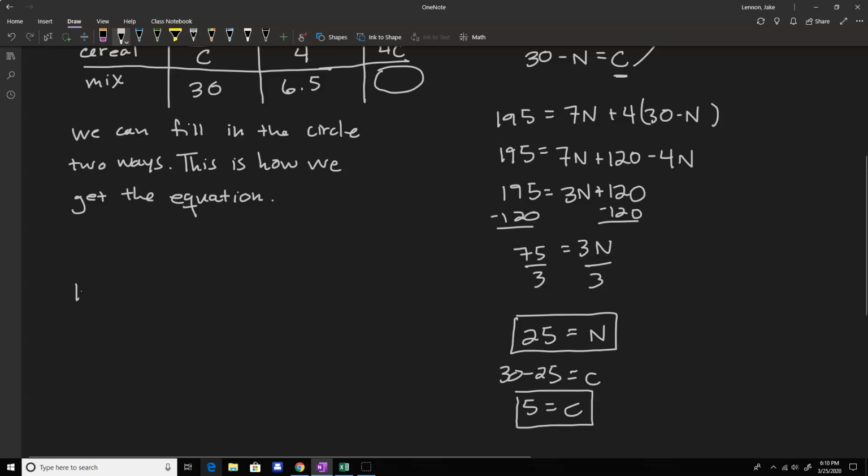So essentially, the party mix is made up of 25 pounds of nuts and 5 pounds of cereal.